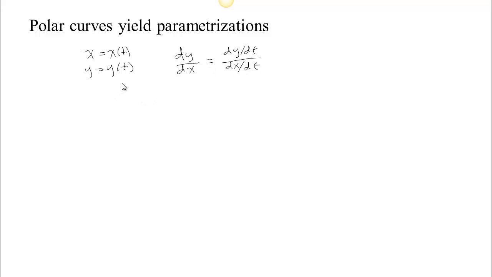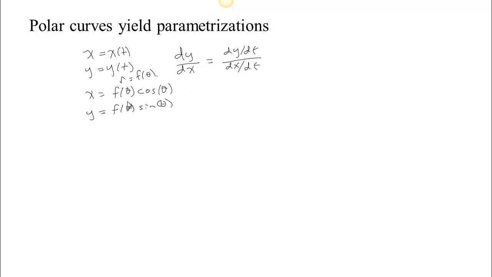So we can apply the same thing to polar curves because every polar curve yields a parameterization, right? In particular, you have x is some function of theta times the cosine of theta, and y is that function of theta times the sine of theta. Here I'm assuming that r equals f of theta.